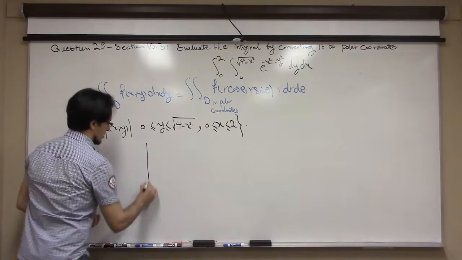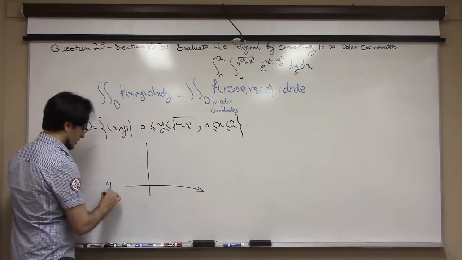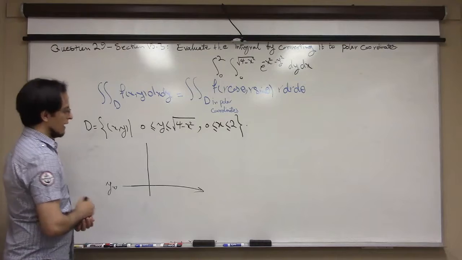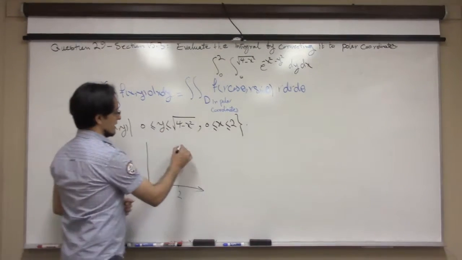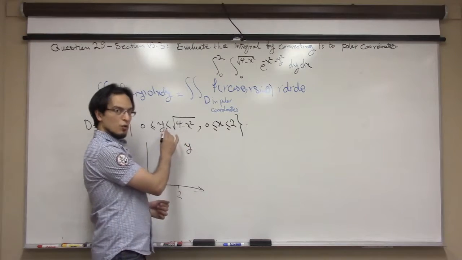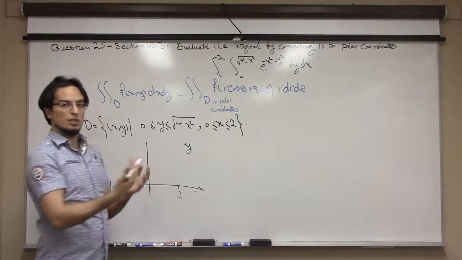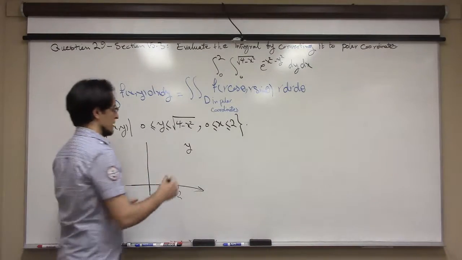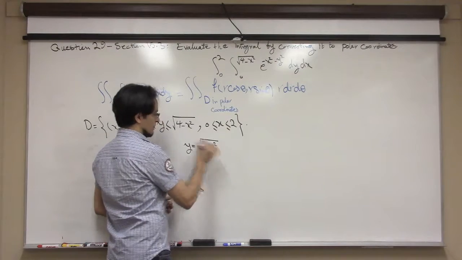Okay, let us see. y equals 0 is that part. x goes from 0 to 2. What about this guy? It says y, let me just write equality. When you're trying to find a region, you try to find what the boundaries are and then put them together, and you will get the region. So y equals root of 4 minus x squared.